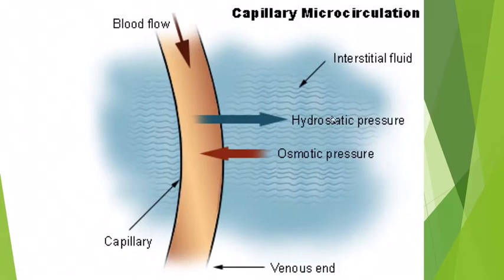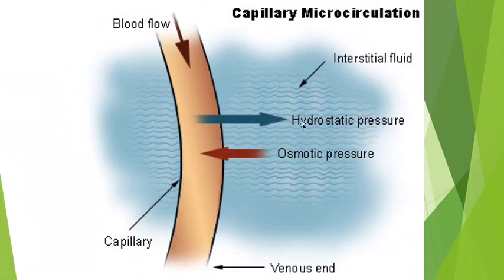As the fluid goes out, the amount of concentrated molecules are less, it becomes more dilute. And inside the vascular space here, most of the water has left it and left the larger molecules in here. And so we have this kind of drawing of fluid that goes back and forth.